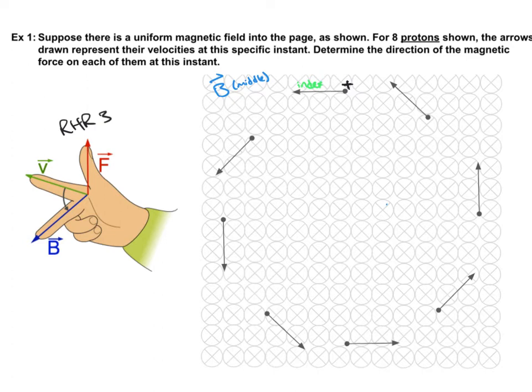I put my 3 fingers at all 90-degree angles to each other. It's got to involve some dexterity with your wrist. So my index finger is pointing left, my middle finger is pointing into the page. Which way does my thumb stick out? It is pointing down. So this top particle feels a force that is directly down.